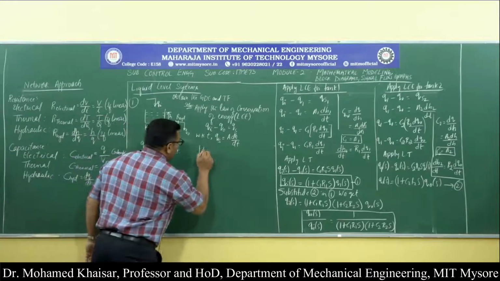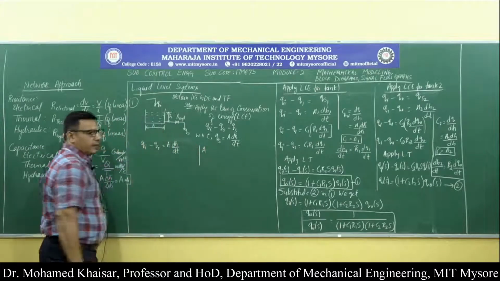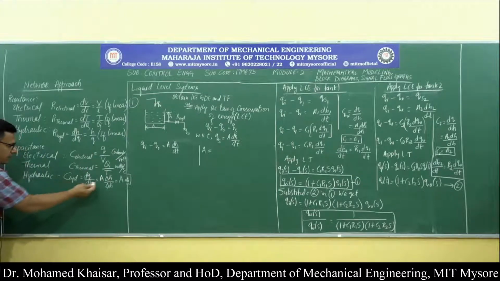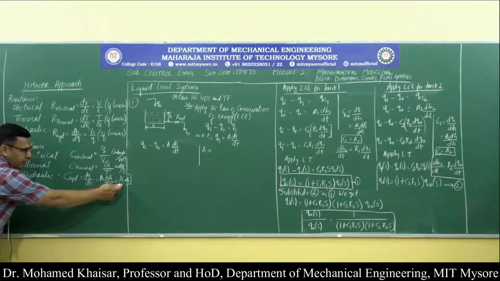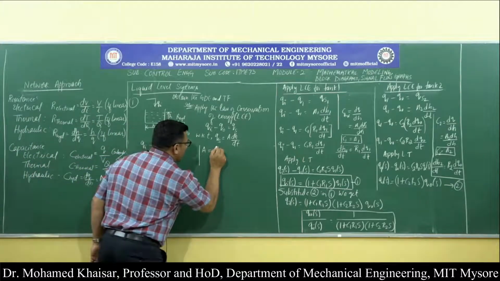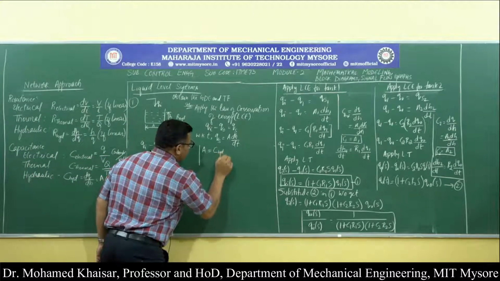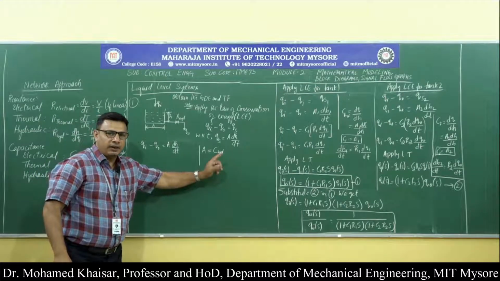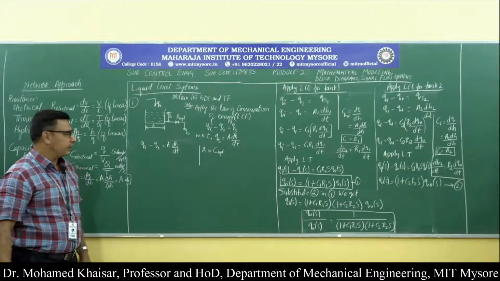What is A? Surface area of the tank. According to the network approach, A is nothing but the hydraulic capacitance C. So I'll write it as C hydraulic. Since it is the first problem, I'll write the subscript as hydraulic so that it becomes easier to understand.